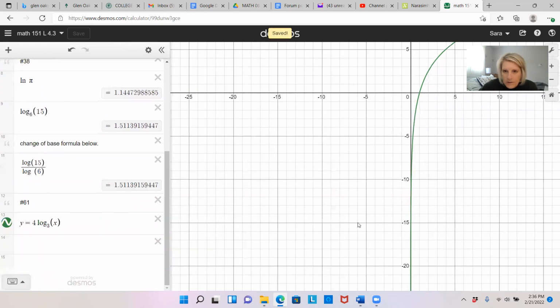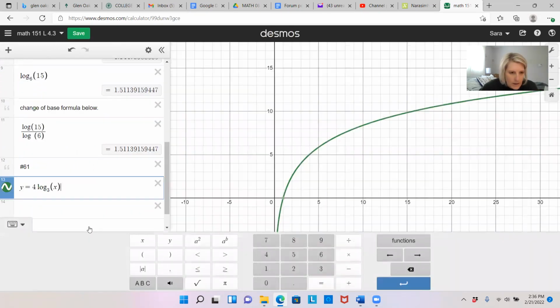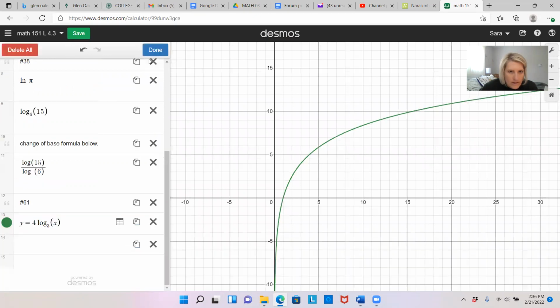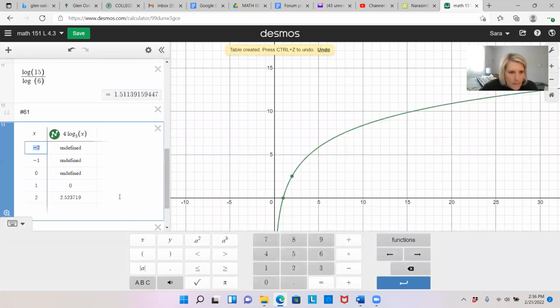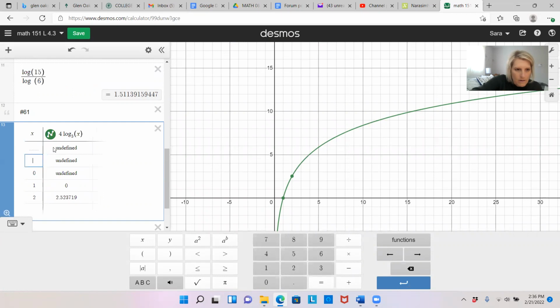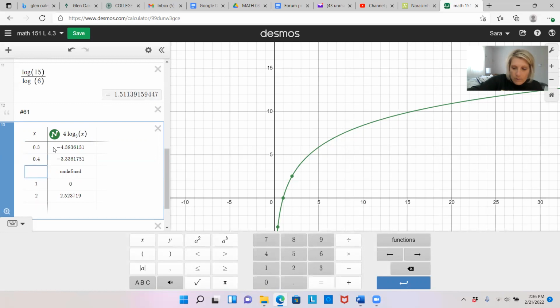Here's a new function, and I'm going to click on it, go to the gear and look at the table. It's undefined for negative numbers, so I'm going to delete those. I'm going to put in some bigger numbers than 1, and a smaller number between 0 and 1: 0.2, 0.4, 0.3, 0.5.